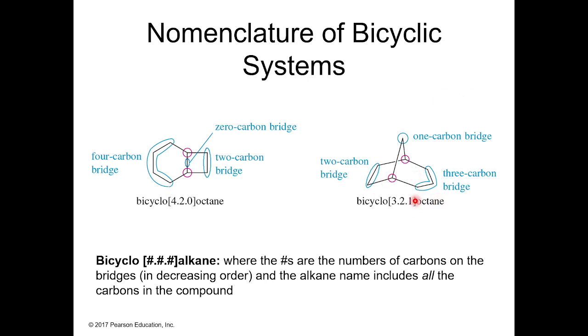In many ways, it's actually easier when you draw these out to start with the smallest number first. So what I typically do if I have to draw these out from a name is I would actually look at the octane first. I would write 8. And then I'd look at the 0. That tells me I have 2 carbons with a bond between them.